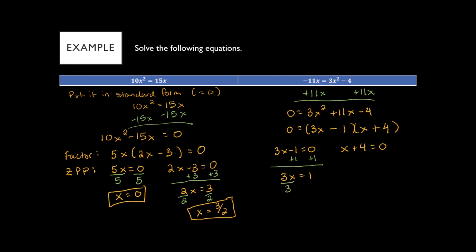And then I divide both sides by 3, and I get x equals 1/3. Second one here, I've got x plus 4, so I'm going to subtract 4 from both sides. And this gives me x equals negative 4, and that's my second answer.